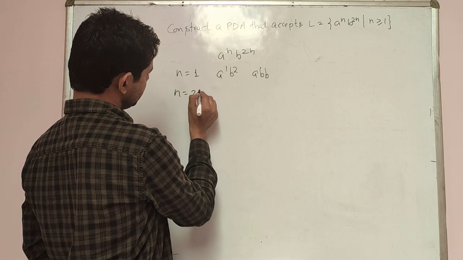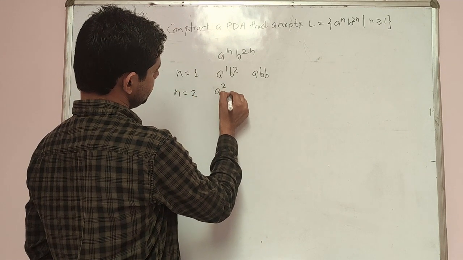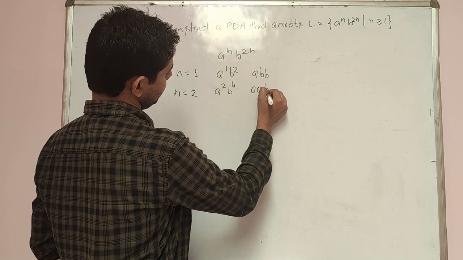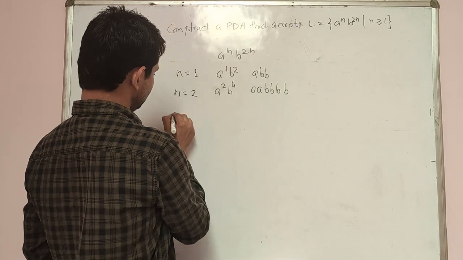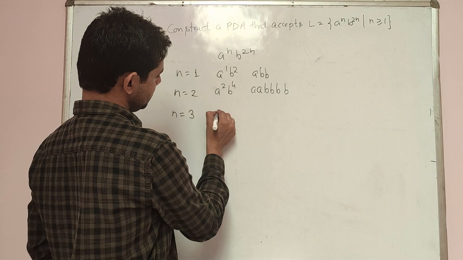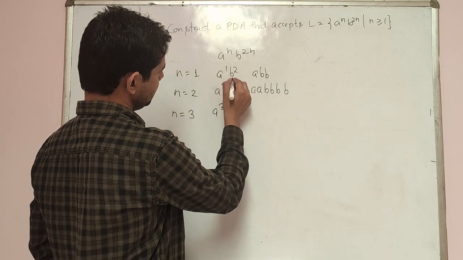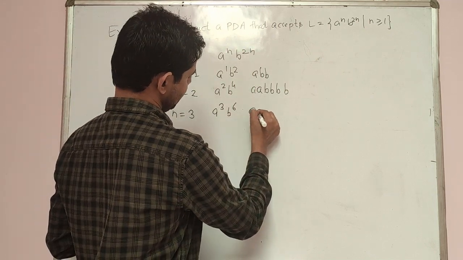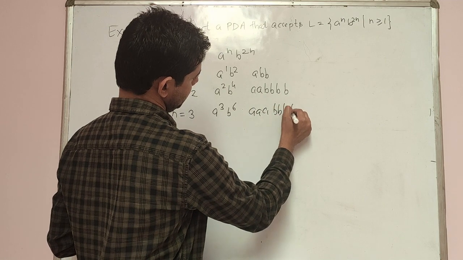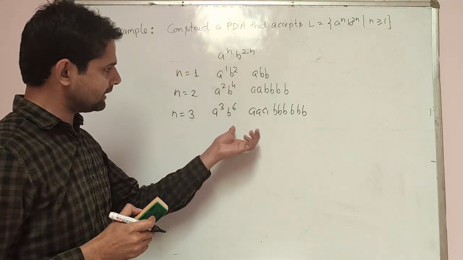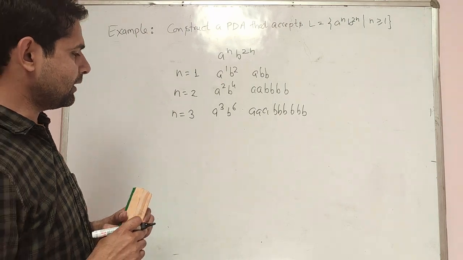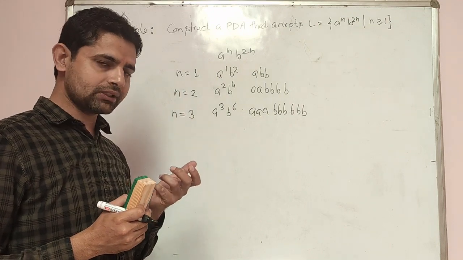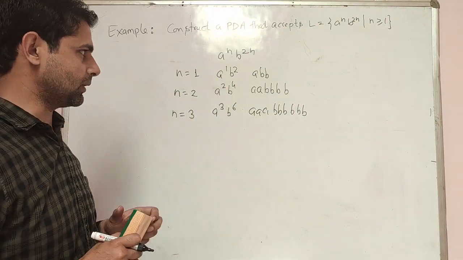If n equal to 2, then we can write a 2, then b 2 into 2, it is 4: aabbbb. If n equal to 3, then a equal to 3 and b equal to 6, means 2 into 3, it is 6: triple A, then triple B, and again triple B. First see that pattern, what's going on there. Then by identifying the pattern, we will design a logic for how we can create a PDA for this problem.